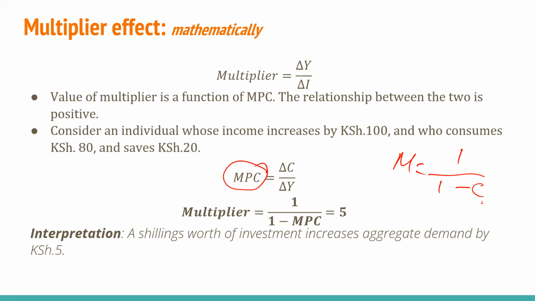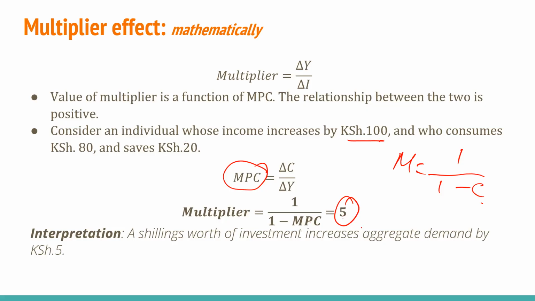So if you have an individual's income increasing by, say, 100 shillings, and who decides out of these 100 shillings to dedicate 80 shillings to consumption and to save 20 shillings, right? When we think about the effect on investment, a shilling of investment increases aggregate demand by upwards of 5 times that 1 shilling.